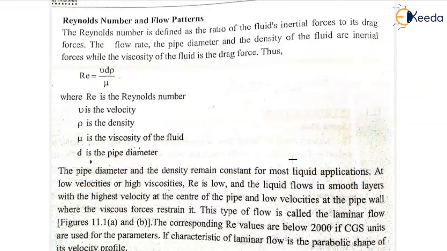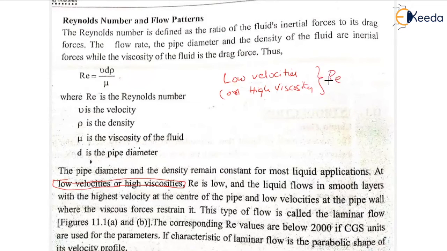Does this mean low velocities or high viscosities? At low velocity or high viscosity, what happens? Re value is low. Low velocity, v value is less.